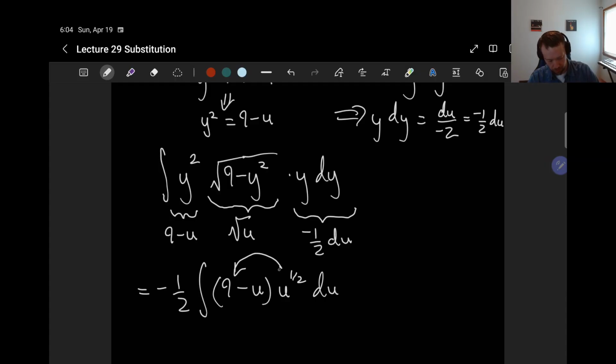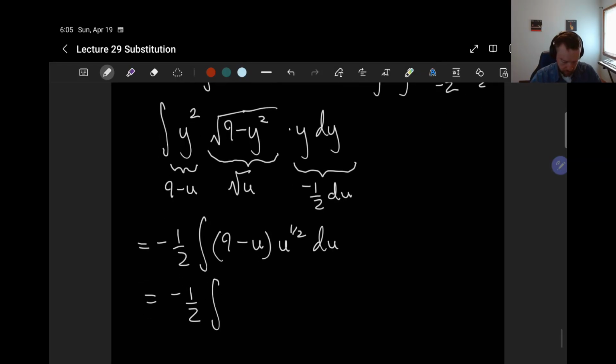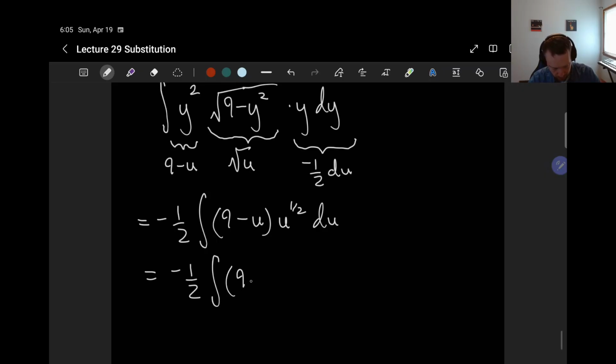And notice I can distribute this u to the 1/2. And we'll get something we can work with. So 9u to the 1/2. So this is a u to the 1 times u to the 1/2. You add those two powers. u to the 1 plus 1/2 is u to the 3/2.